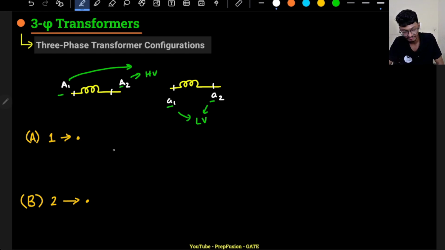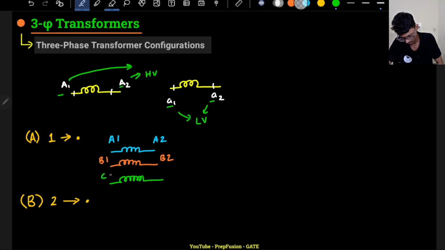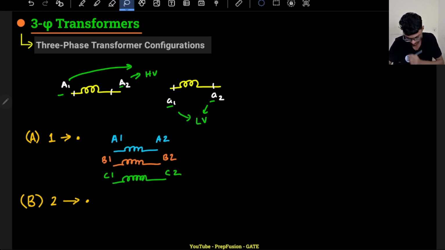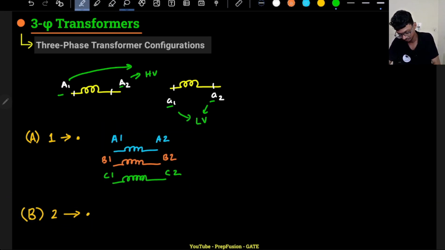Let's say I have a star delta transformer, or any winding, you will just draw the three phase windings. So this is A1 A2, this is B1 B2, and this is C1 C2.